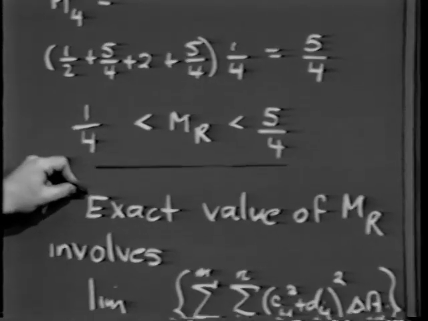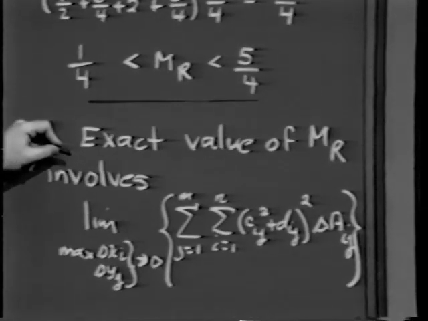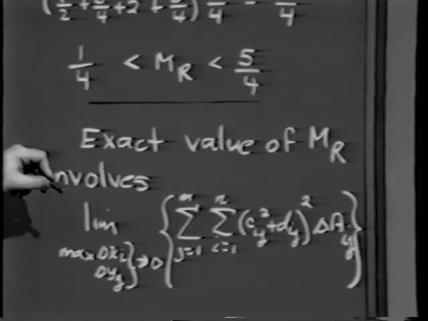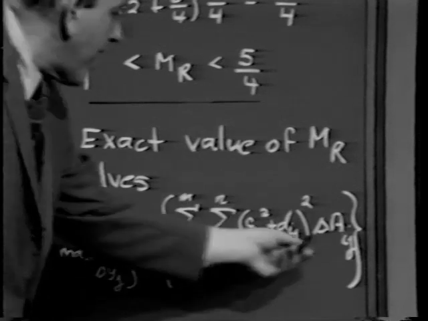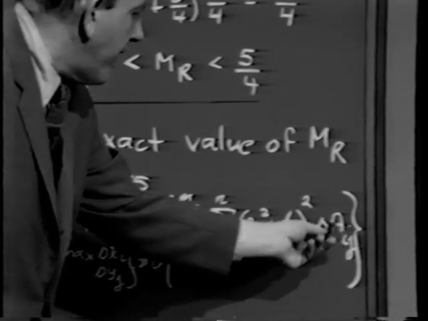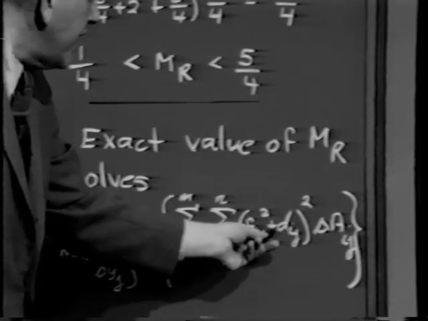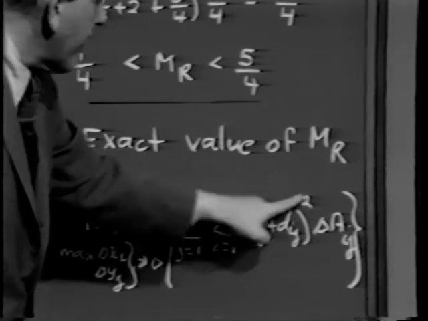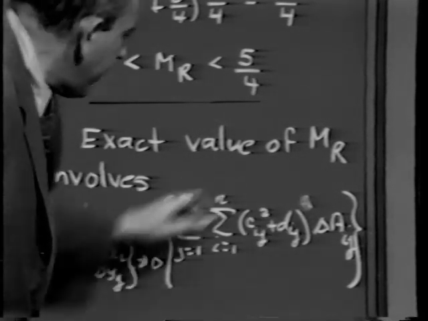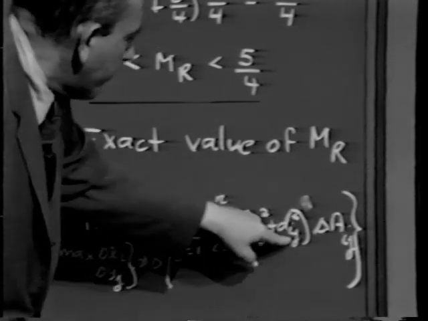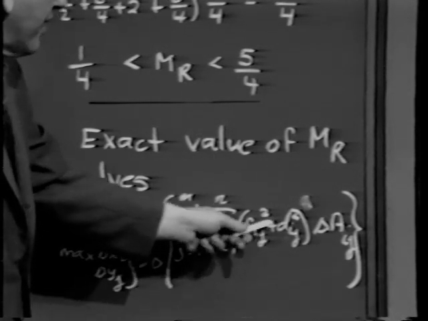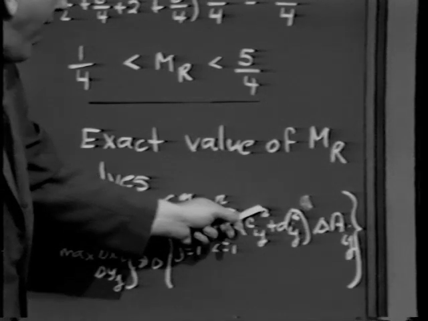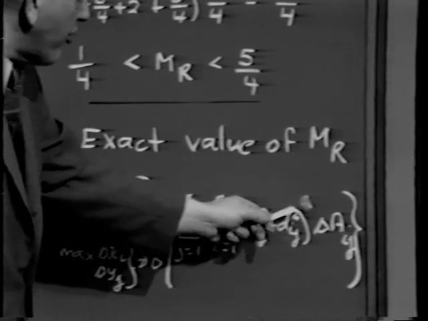But finding this exact value involves a very, very difficult computation. Namely, I divide this up into m times n little elements of area. I pick a point in each region. The density at a particular point that I've picked out in that region, which I'll call Cij, comma Dij, is Cij squared plus Dij squared.